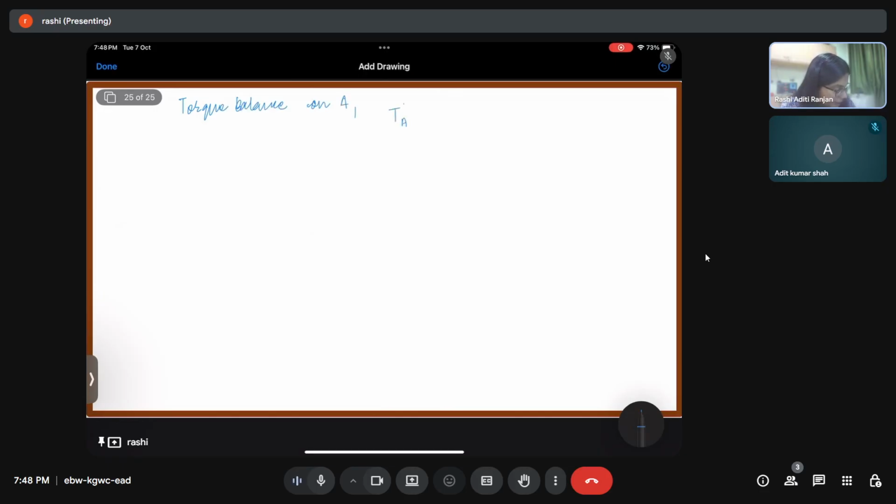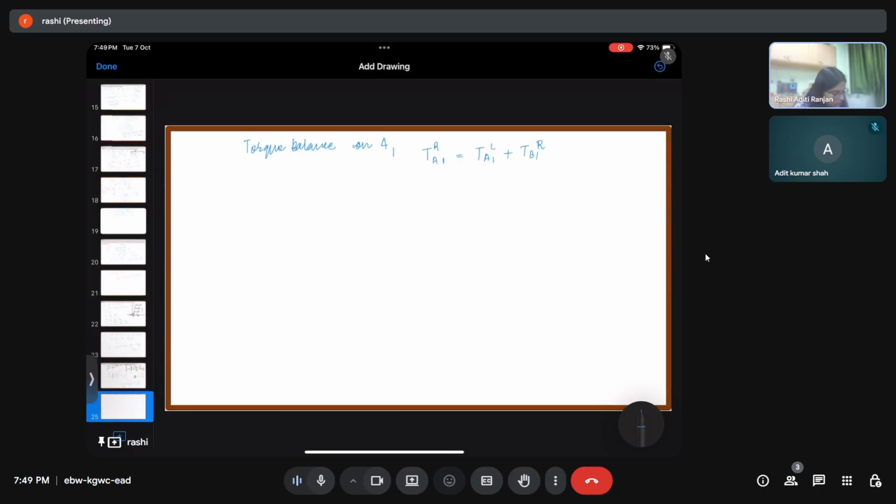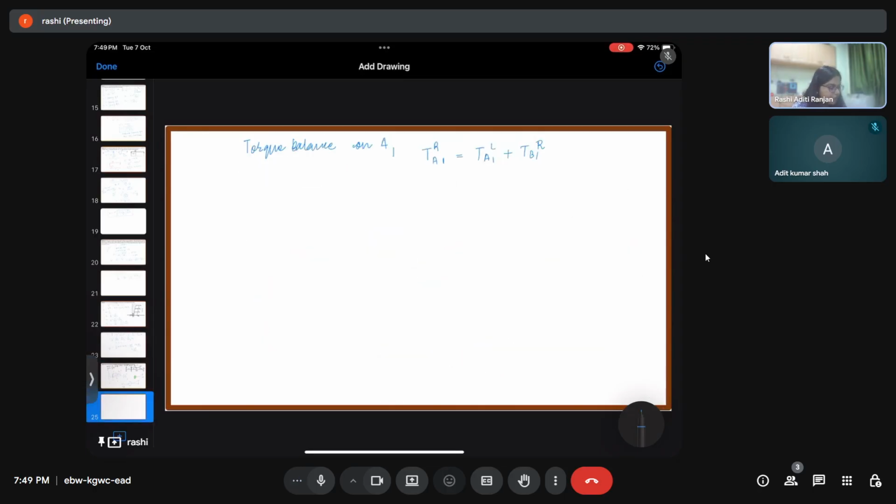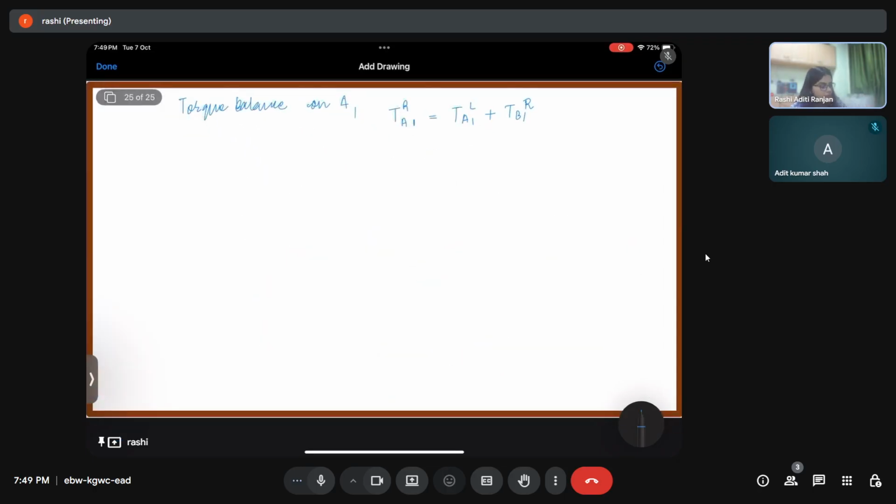T A1 of R is equal to T A1 of L plus T B1 of R. Correct, because it is very easy. Here we have T A1 of R, which will be equal to the sum of these two, T A1 of L and T B1 of R. This is the one equation, right?